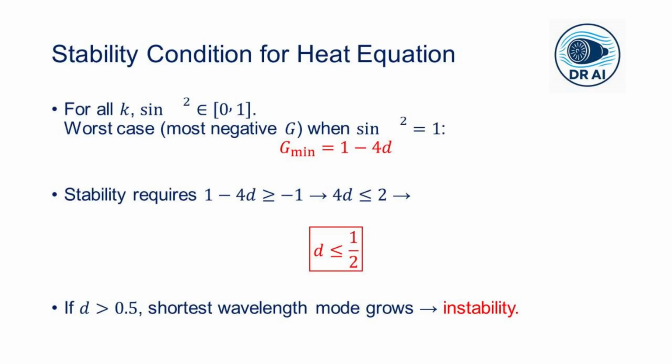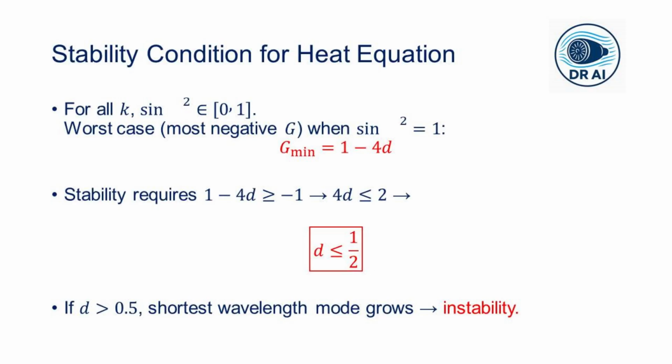We require the modulus of the amplification factor to be less than or equal to 1 for all wave numbers. So for positive d, the worst case is the negative G. So we need 1 minus 4d to be greater than or equal to minus 1, which gives us that 4d is less than or equal to 2, and which gives d as less than or equal to half.